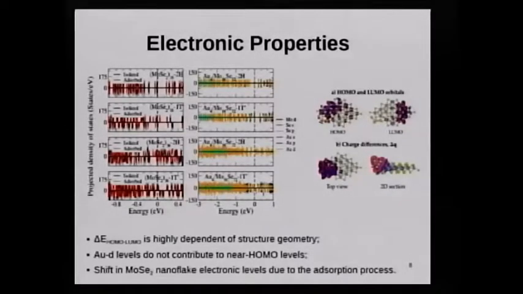Gold clusters participate in a region below -1, -1.5 electron volts. And if you analyze just the near HOMO region, the change in the electronic properties that occurs due to the adsorption is a shift of the levels of the nanoflakes to lower energies. And that's the electronic factor that is associated with absorbing your gold cluster.